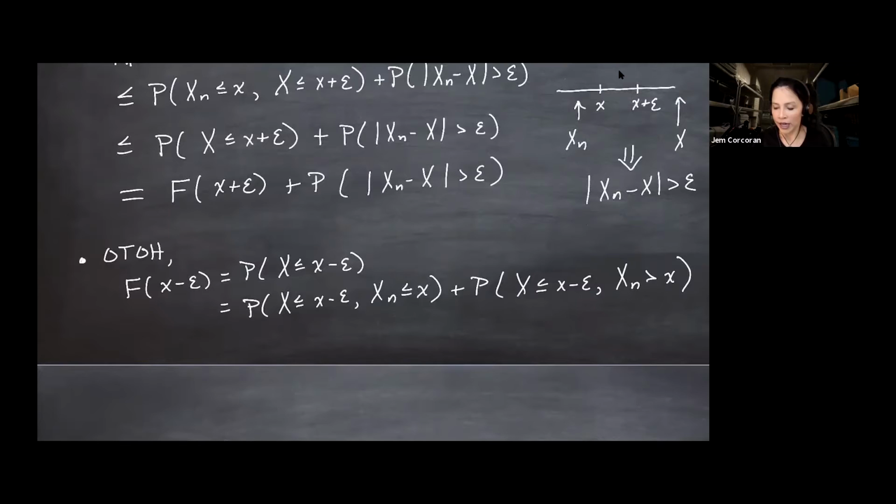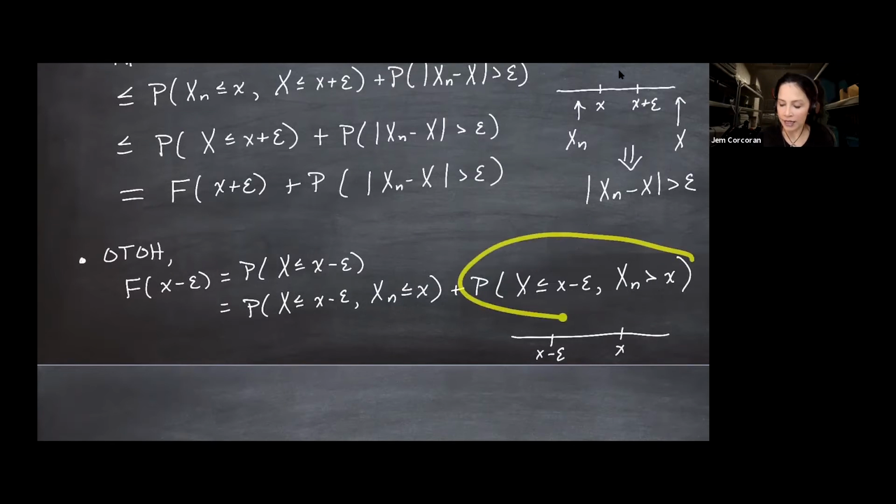So going extra fast here, the last probability, I've got an x and an x minus epsilon. And so if X is below x minus epsilon, and if Xn is above x, then that means they're greater than epsilon apart. But this is just one way that can happen. They could both be above x and yet greater than epsilon apart. They could both be below x. So many things could happen.